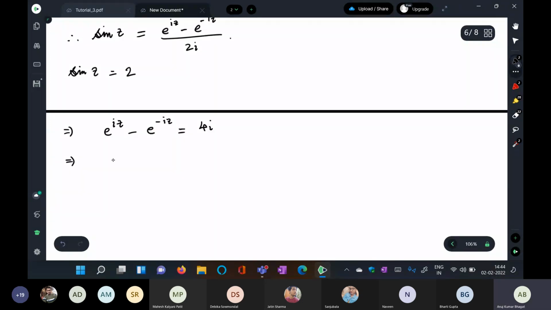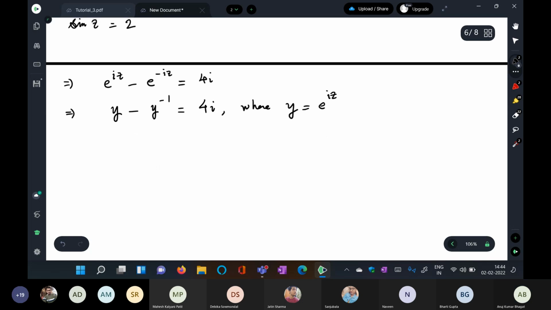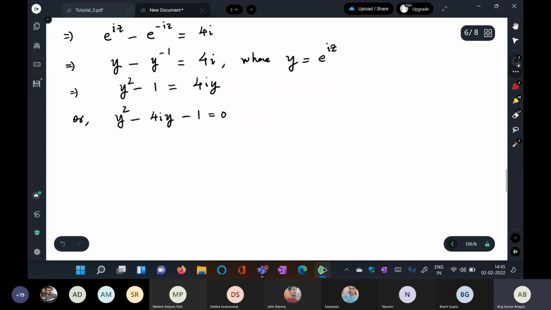If you put y as e to the power iz, then y minus y to the power minus 1 is 4i. So this is y squared minus 1 equals 4iy, or y squared minus 4iy minus 1 equals 0.